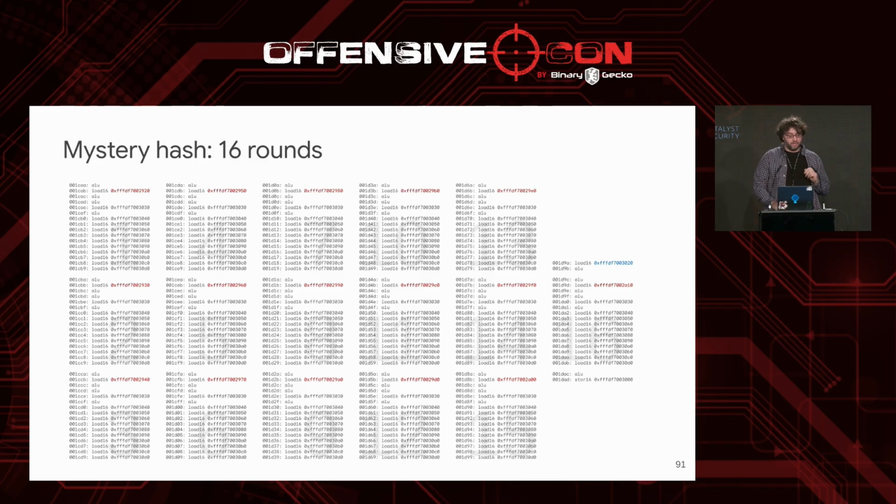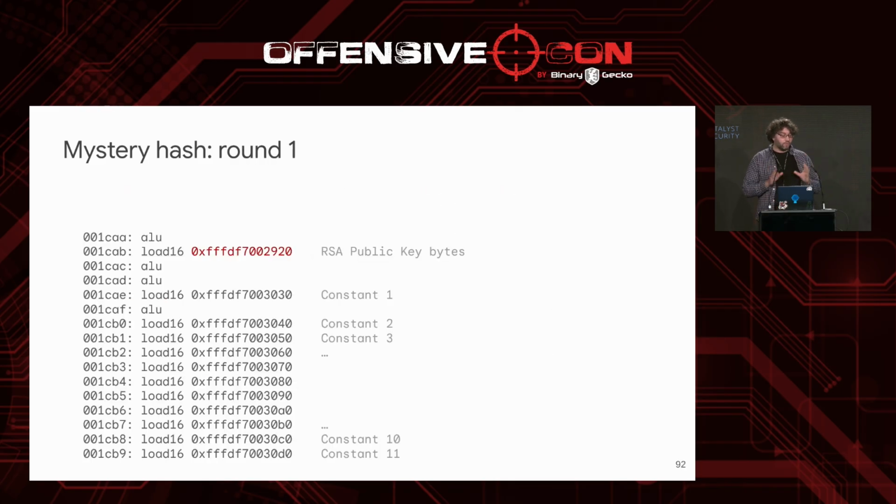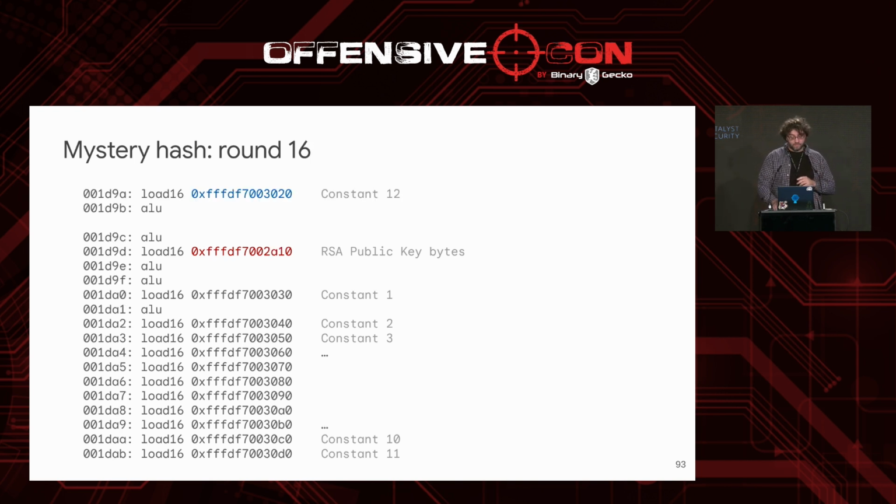Only the last one is slightly modified. Let's look into one of them exactly. Here we can see in red the RSA public key is accessed, always 16 bytes and always sequential. Then later we see there are 11 constants used, also 16 bytes. For the last round, there's an additional 12th constant that is used before the round is executed.